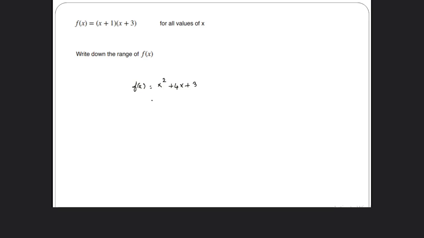Okay. Then what can we do? We can write it in vertex form. So we can add 1 and subtract 1. x squared plus 4x plus 4, sorry, plus 3 plus 1 minus 1.